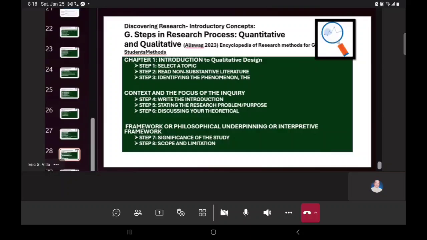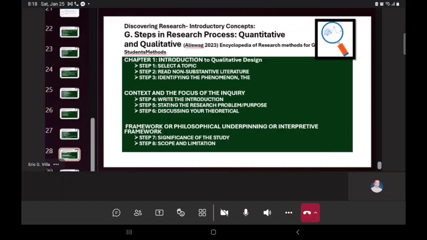Second, stating the research problem purpose that clarifies the specific issues to be addressed. And last is discussing the theoretical framework that establishes the philosophical and conceptual foundation that will guide the research.